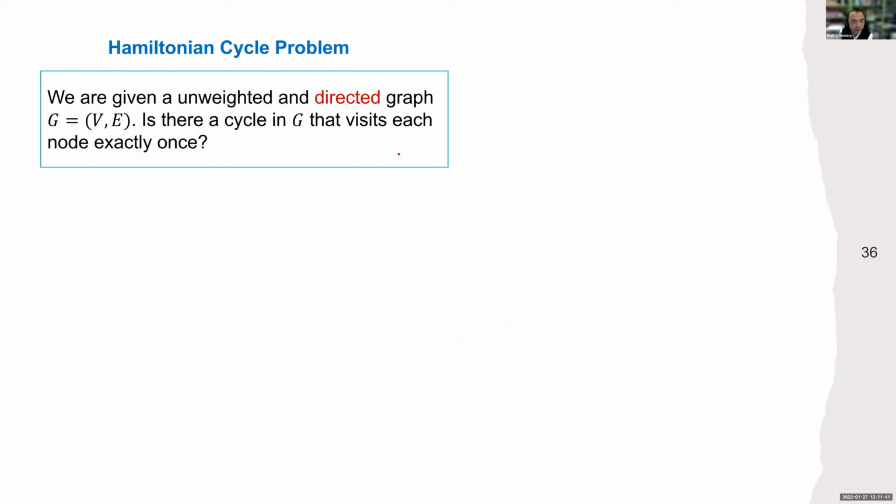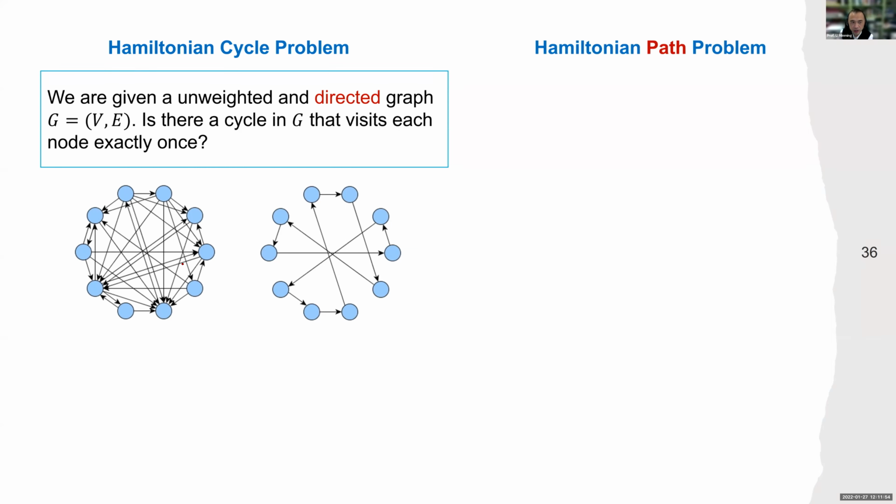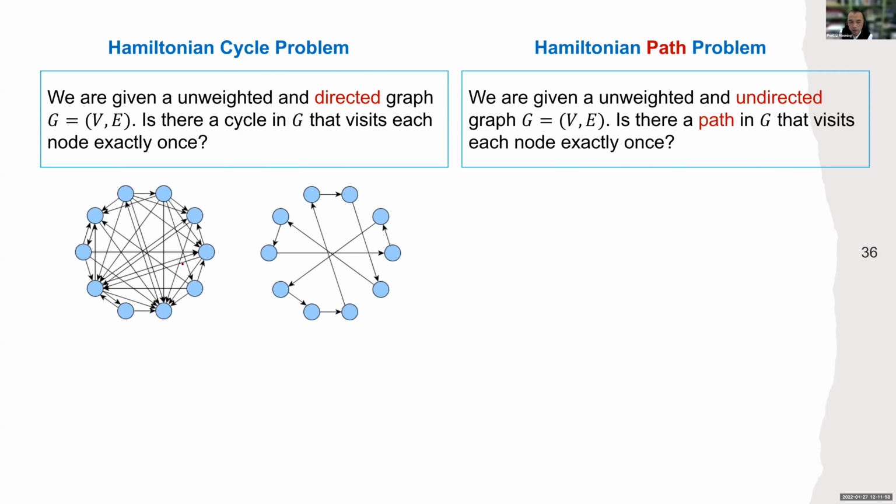Now let's formally write down the definition here on the left. This is the Hamiltonian cycle problem. Just like if I give you this graph, you may find a Hamiltonian cycle like this. Now, there is another related problem called the Hamiltonian path problem. There's only one word difference: instead of cycle, here is path.